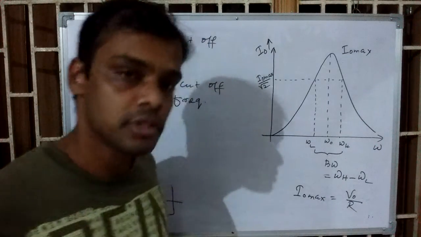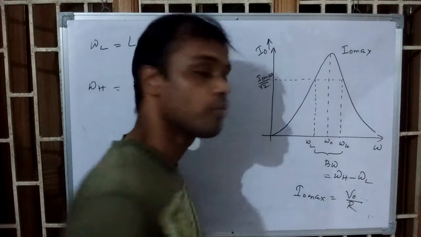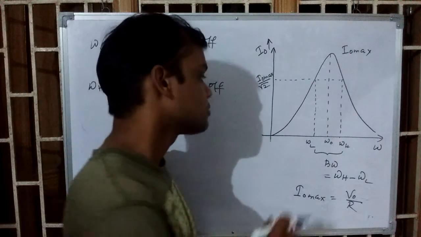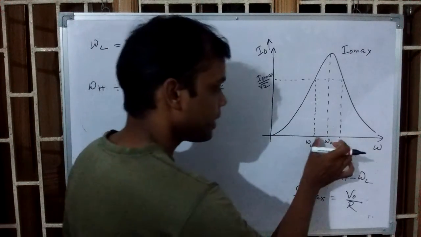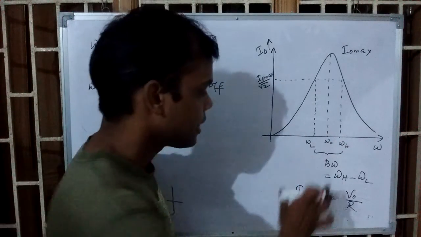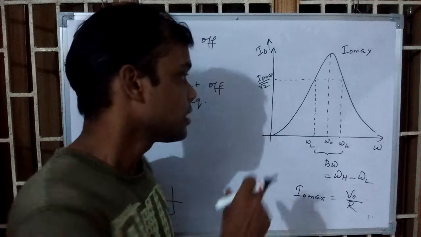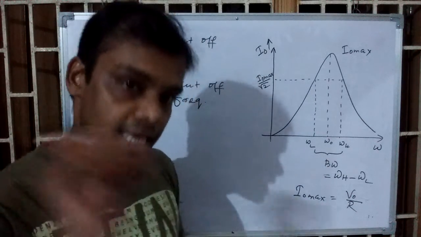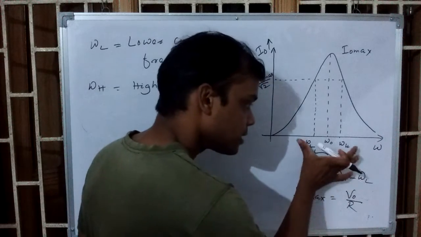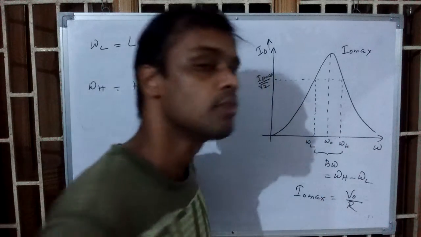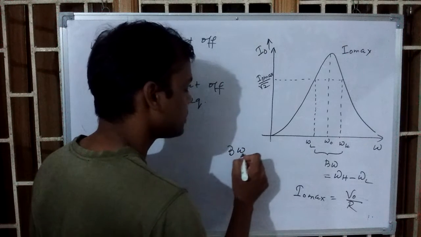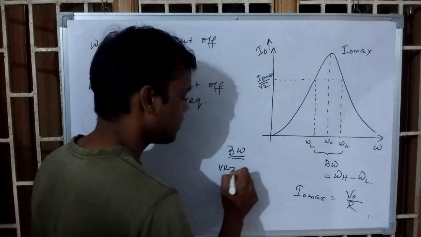Practically it is not possible to maintain a constant omega naught value. It is very, very difficult. That's why we always choose a range of frequency, that is bandwidth. That means a system will be at good resonance condition if this bandwidth is very, very small. So our objective will be to keep this bandwidth very small.